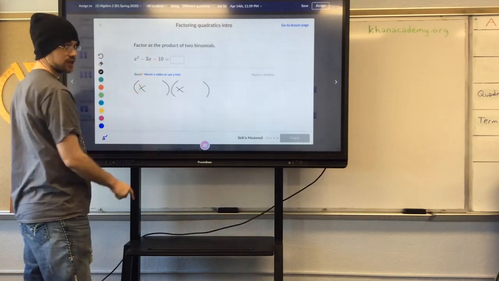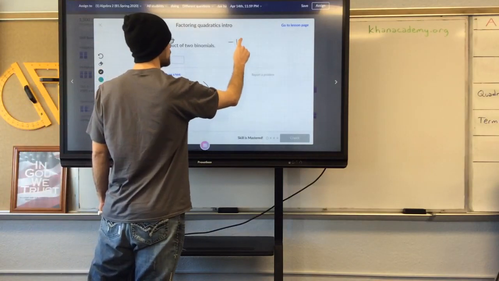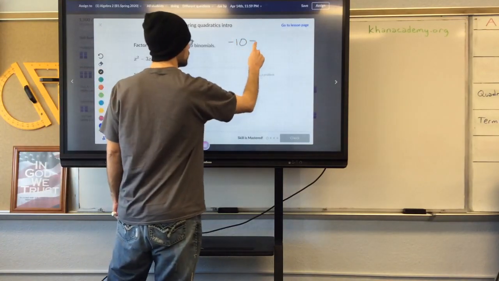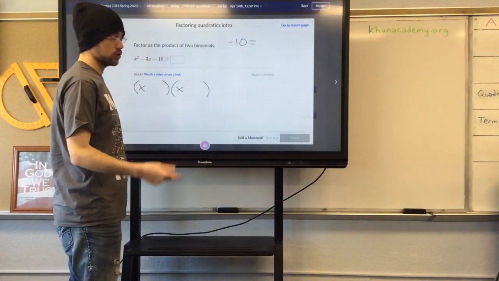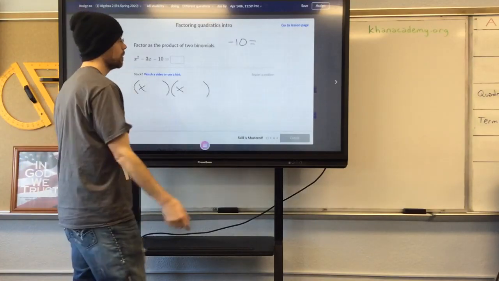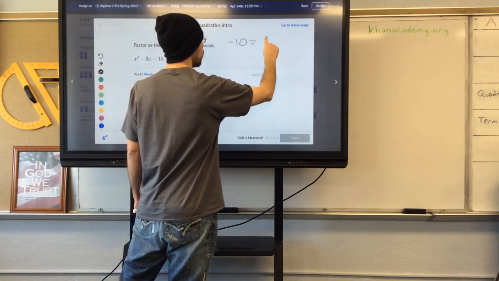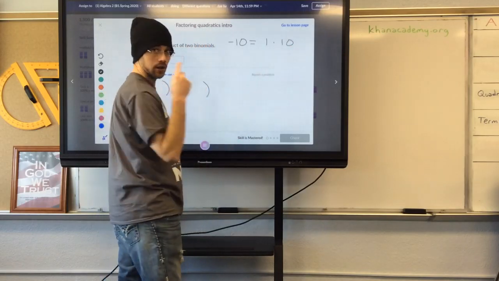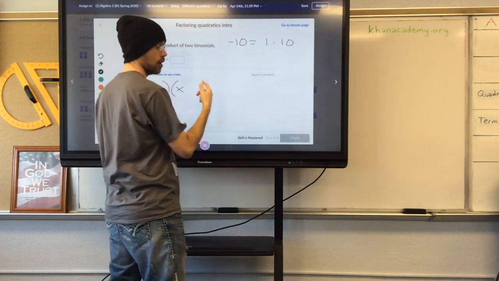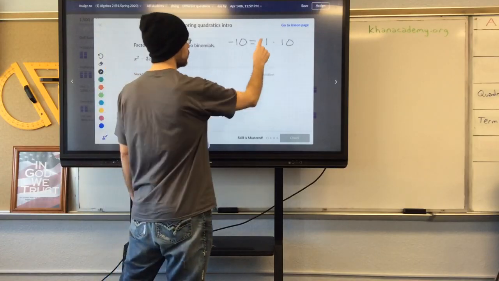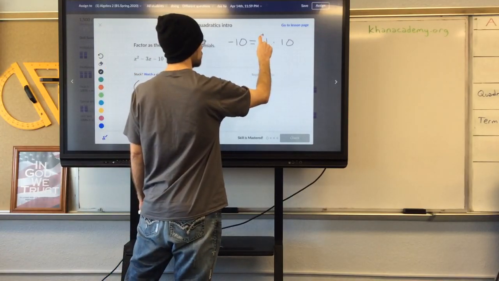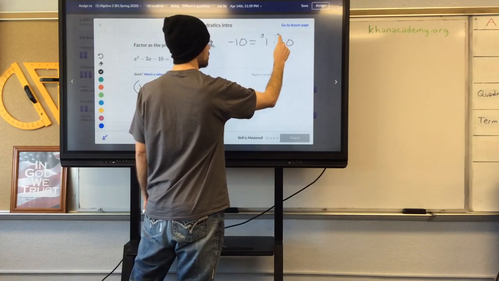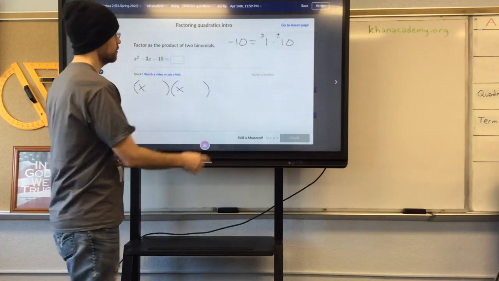And then I need a number here and here so that when I multiply them, I get negative 10. So negative 10 has to equal the product of two numbers. What options do I have? I have 1 times 10, and one of those numbers is going to be positive and one is going to be negative. We don't know which one, so plus or minus for each of these.